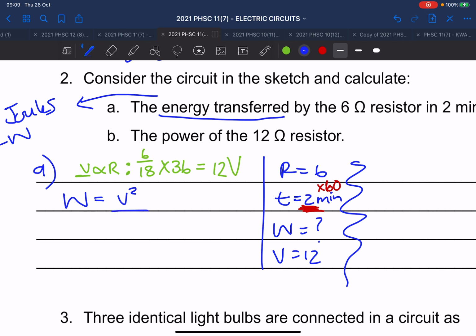Where is it, T? On top. You must enunciate. All right, 12 squared, 120 over 6. And if you calculate that, Chichi, what do you get?